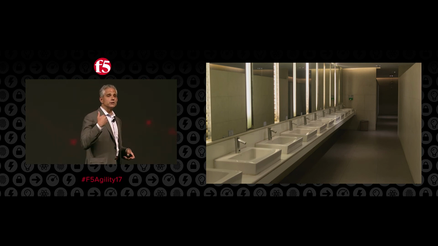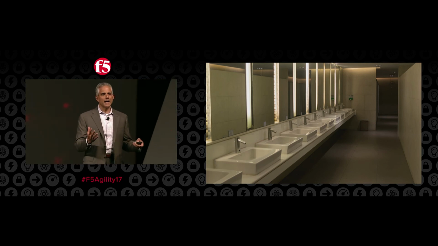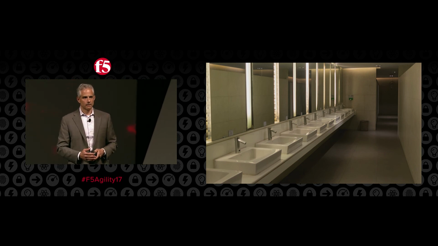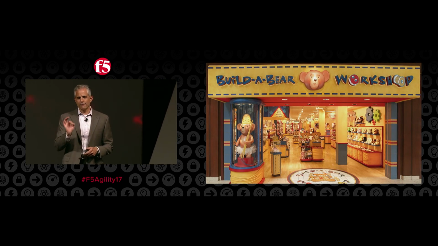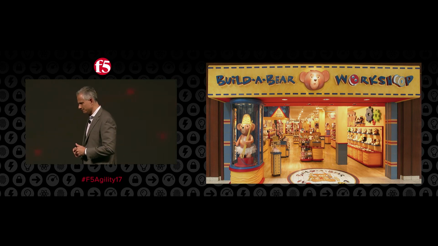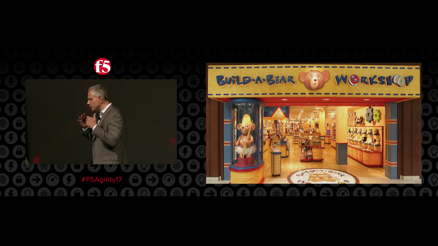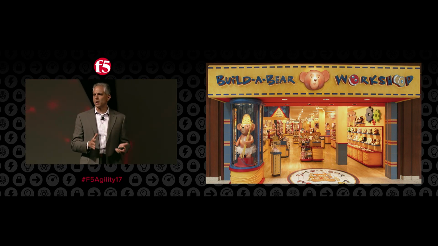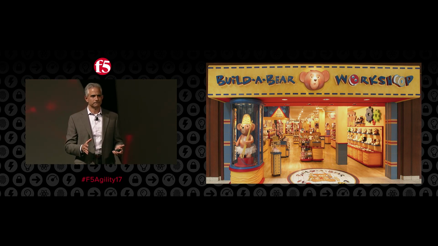But there are other situations where too much automation can actually create the illusion of choice. Perhaps my favorite example is the Build-A-Bear workshop. Now, for those of you that are parents or grandparents or aunts or uncles, you know what a Build-A-Bear workshop is.